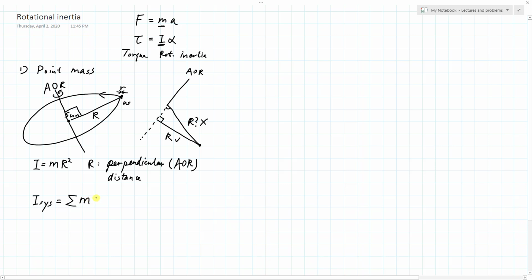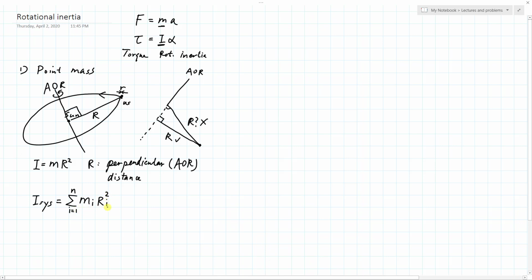The Sun does not contribute because it's so small compared to its distance to all the other objects, the planets or whatever other objects orbiting the Sun, say maybe a comet, right? So this m here is all the masses, i equals 1 through n, all the masses in the system, each mass and its own perpendicular distance to the axis of rotation.